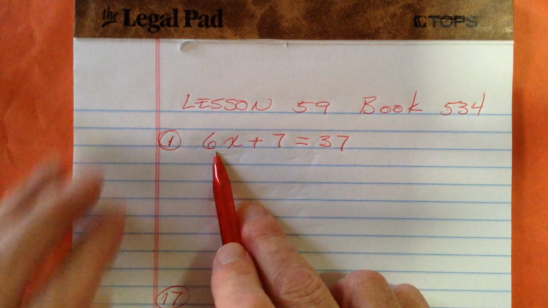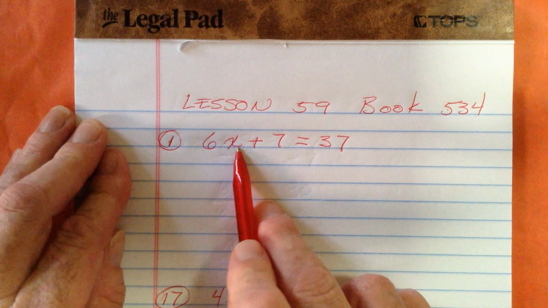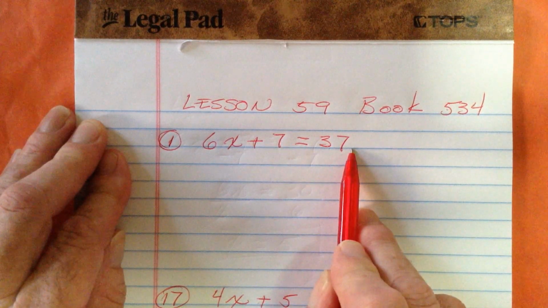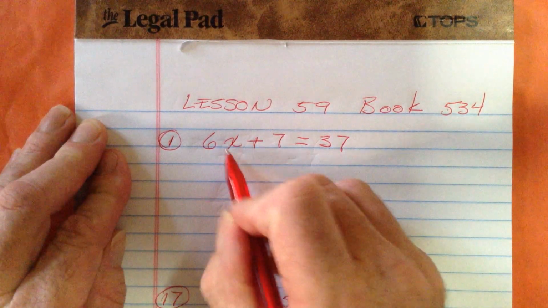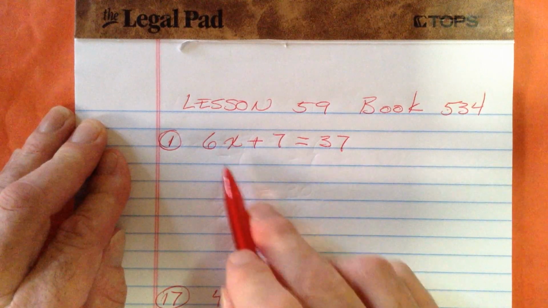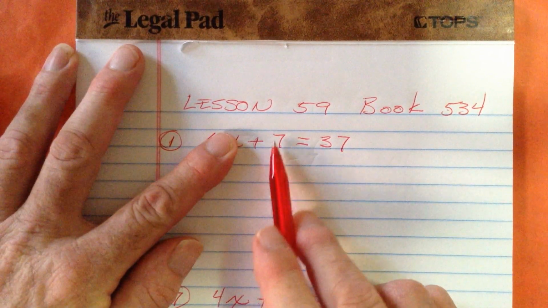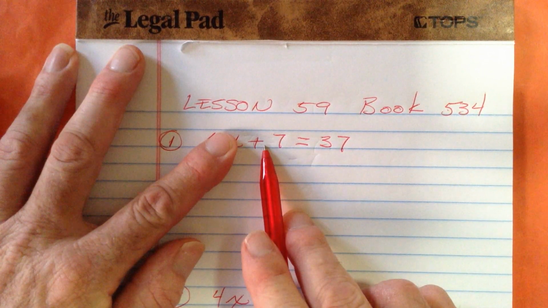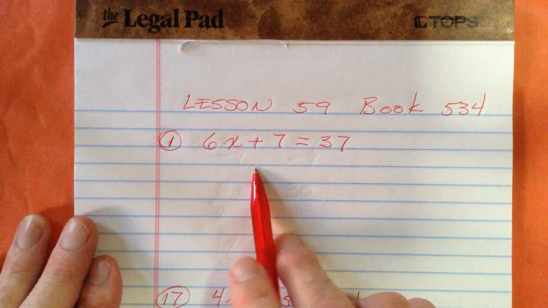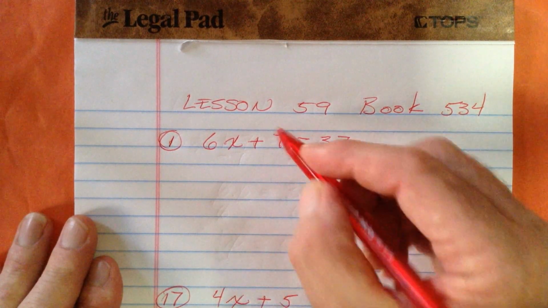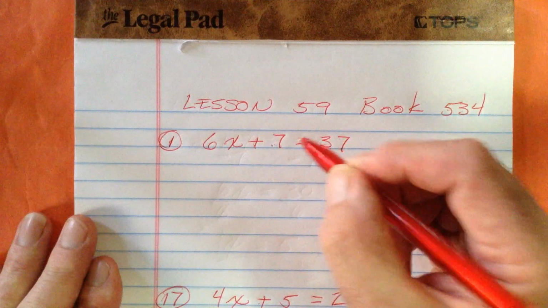So I want to start out: 6 times something plus 7 equals 37. I want to isolate the x. Since these two are connected, it's going to be easiest for me to get rid of this positive 7 and get it to the other side. Remember, the opposite of adding is subtracting.